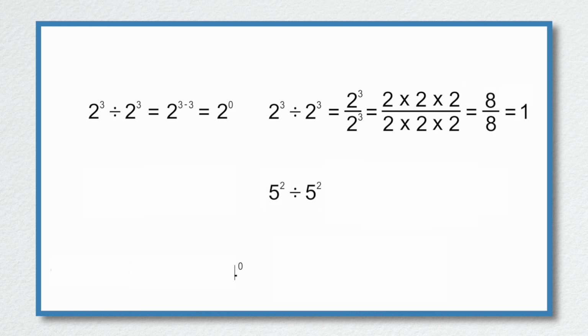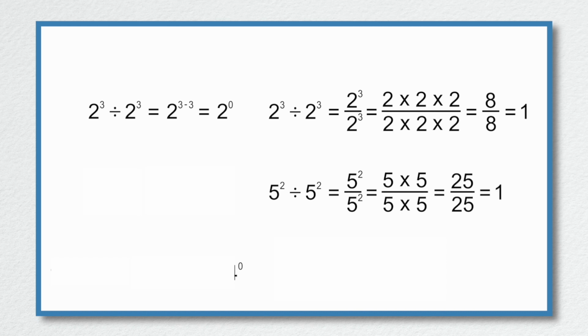I mean, if I had 5 to the power of 2 divided by 5 to the power of 2, well, that's 5 to the power of 2 over 5 to the power of 2, which is 25 over 25, which is equal to 1. And using our rules for division, 5 to the power of 2 divided by 5 to the power of 2 is equal to 5 to the power of 2 subtract 2, which is equal to 5 to the power of 0. So 5 to the power of 0 is equal to 1.